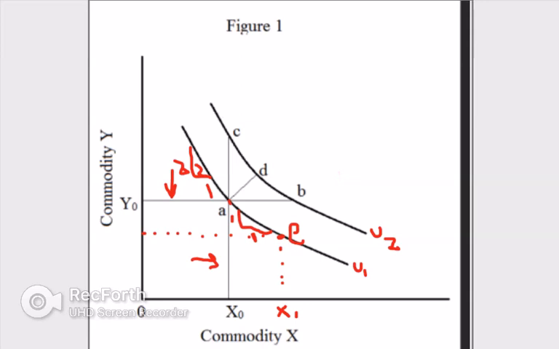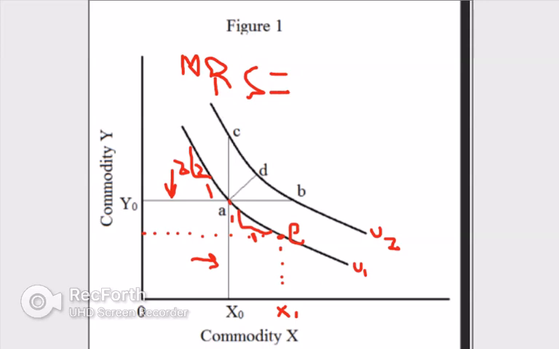Well, the slope of each point of the indifference curve is the same as the MRS, which is the marginal rate of substitution, which basically means how much, sorry for my bad drawing, you're willing to give up at each point.